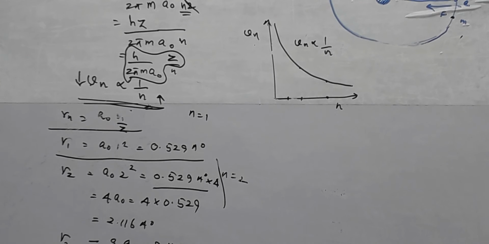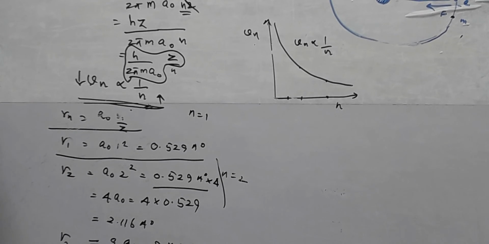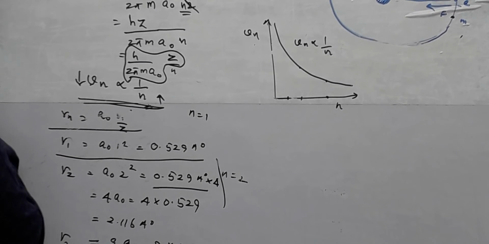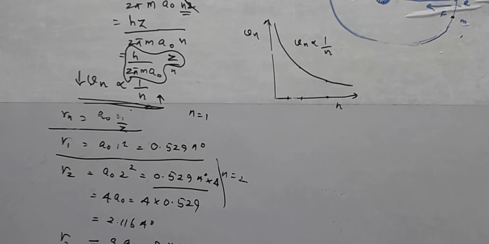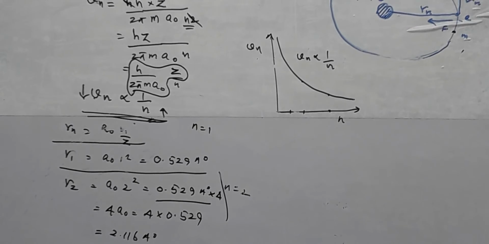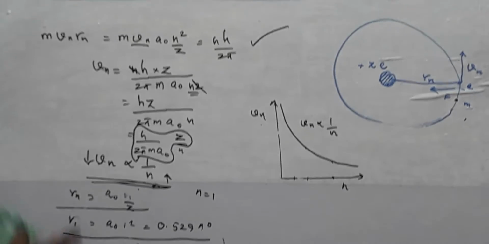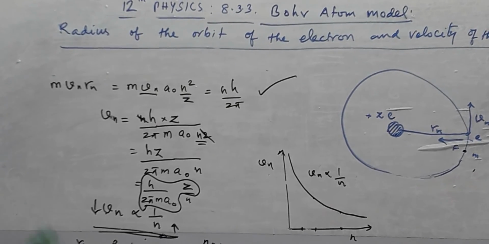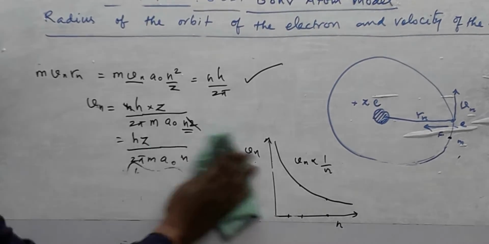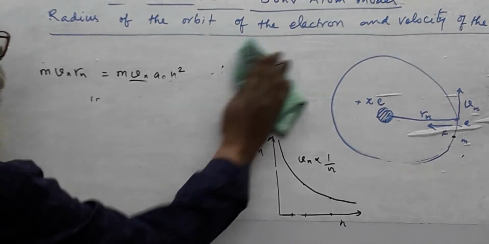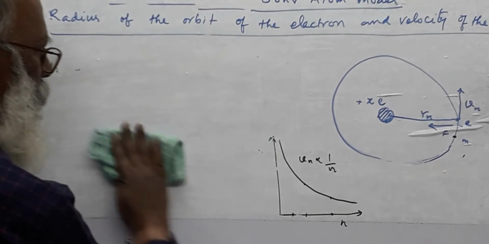This is a very important concept that we already studied according to Bohr's atom model. It was explained by Rn as well as Vn. That's a famous equation that you have to understand clearly.